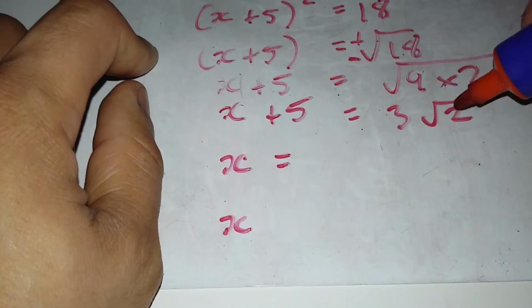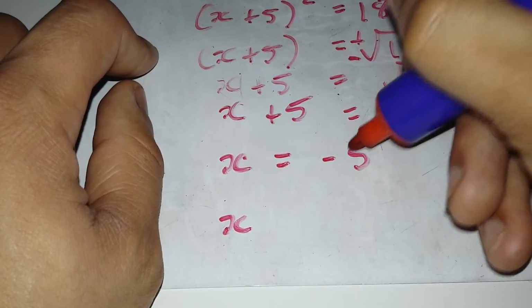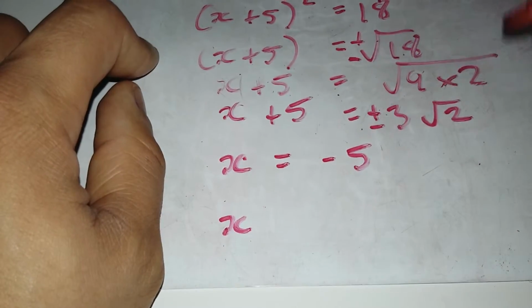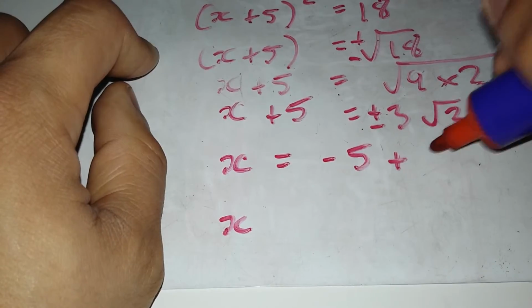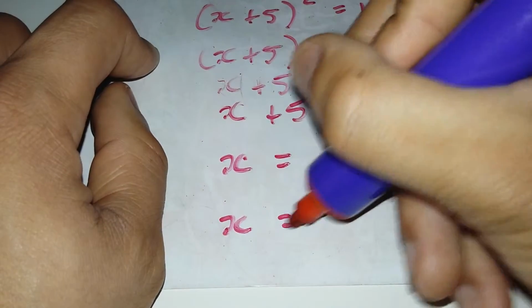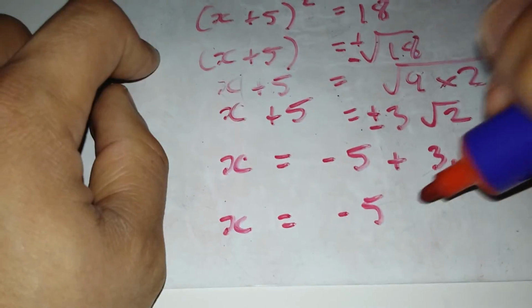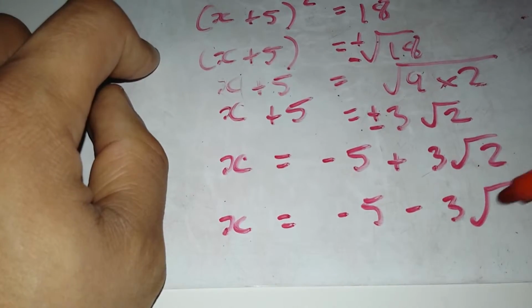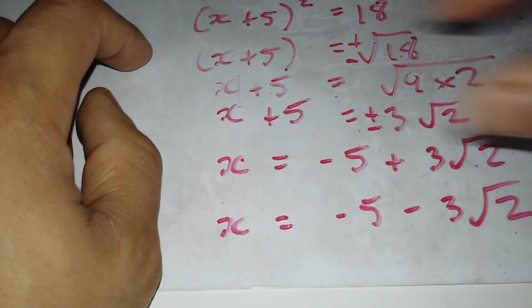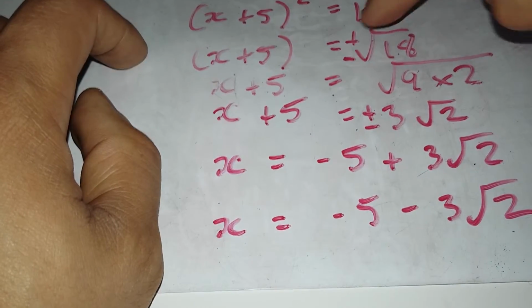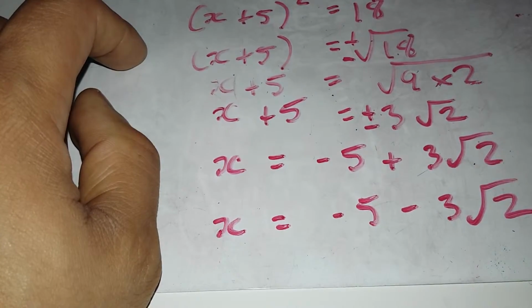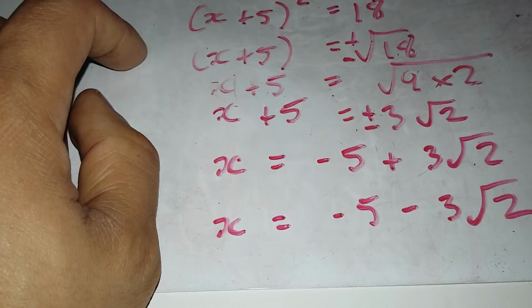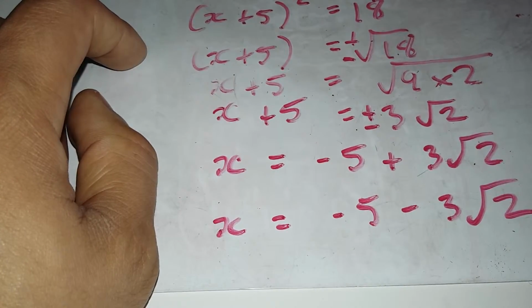So we need to bring this 5 over to the other side, which becomes minus 5 plus 3 root 2, and also minus 5 minus 3 root 2. Okay, the two solutions come from the fact that the square root of 18 has two answers. There's a negative root 18 and there's a positive root 18 as well.